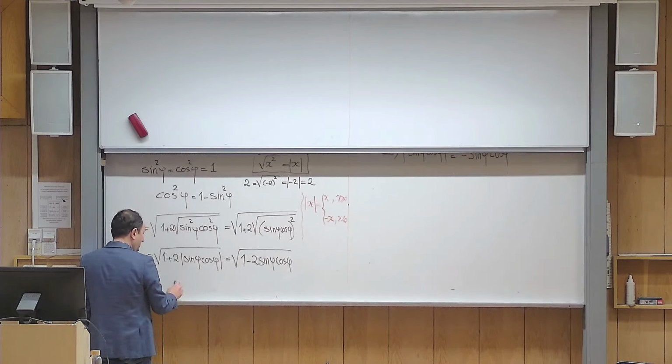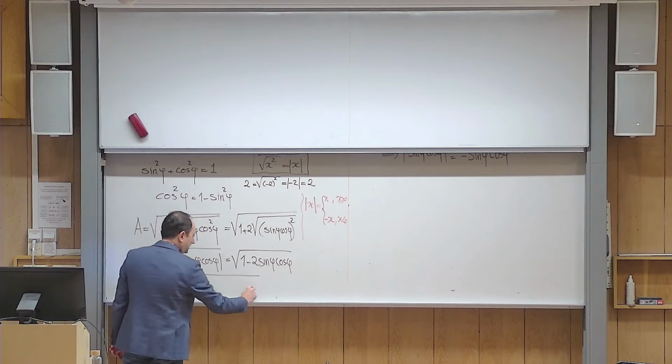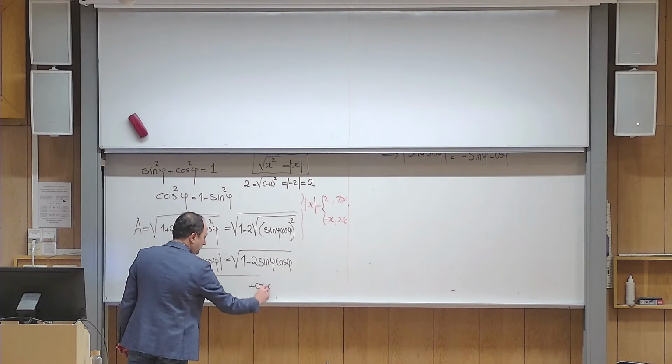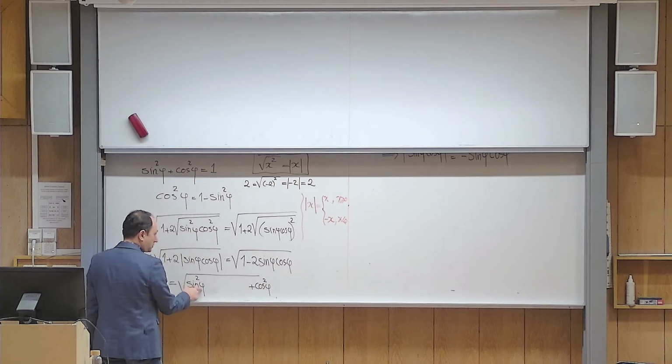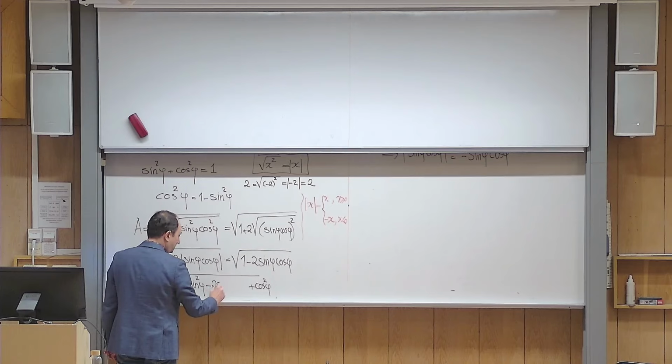I would write the square root of, instead of 1, sine phi squared plus cosine phi squared, because that is exactly 1. I intentionally write that because I want to make it easier for you to detect a pattern.